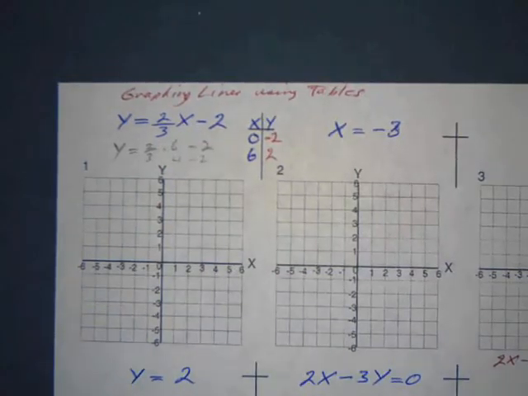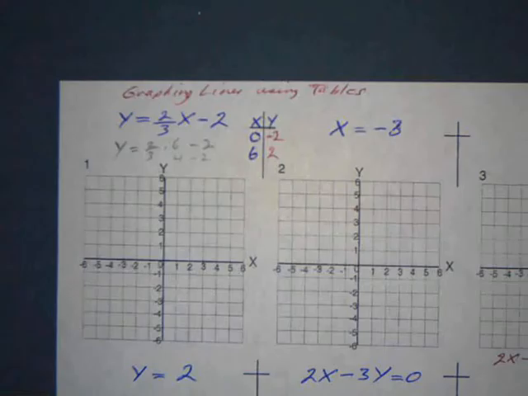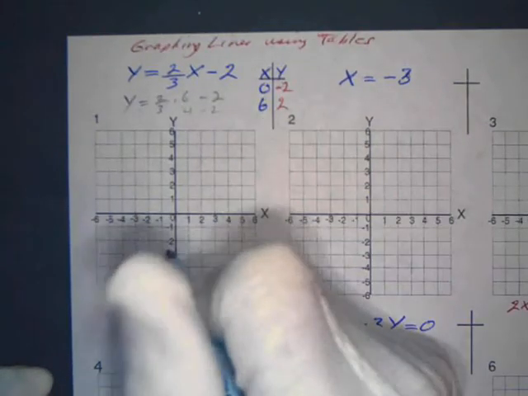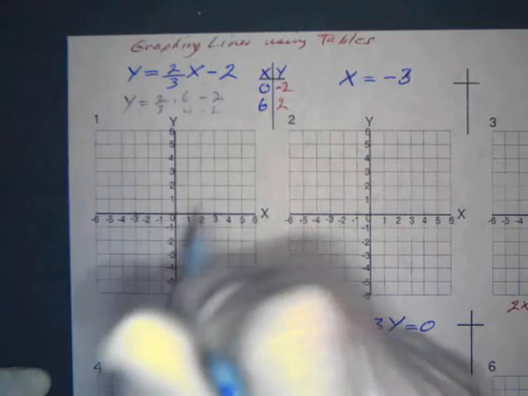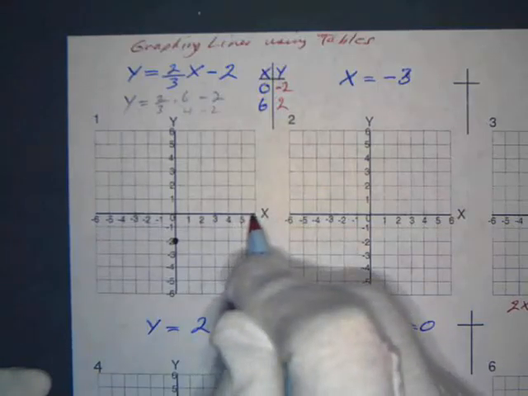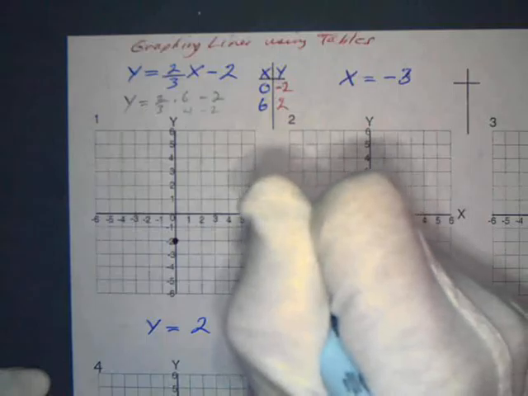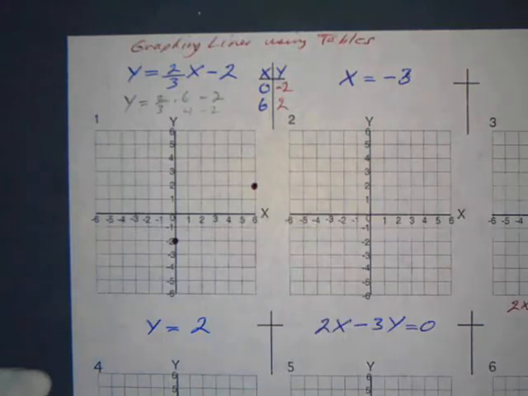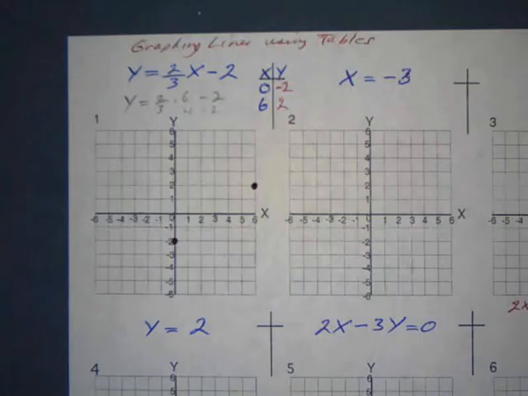And then we could put our points down and graph this. So we've got the point (0, -2). So when x is 0, y is -2, so I do have my y-intercept. And when x is 6, y is 2, so I don't really see the x-intercept. It probably will be a fraction.